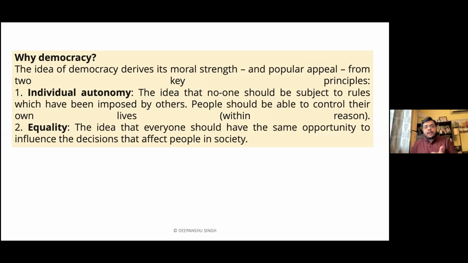First of all, democracy promotes individual autonomy, the idea that no one should be subject to rules which have been imposed by others. The second most important reason is that it ensures equality. The idea of justice and equality is ensured by democracy. Following these principles, India adopted a parliamentary form of democracy.